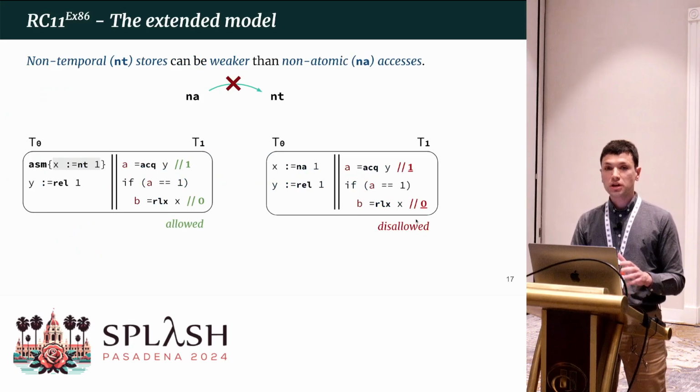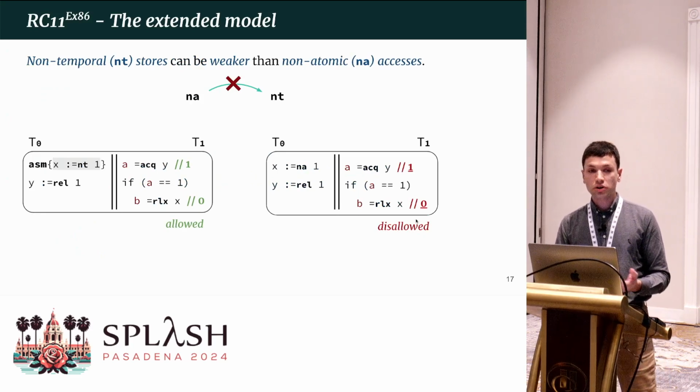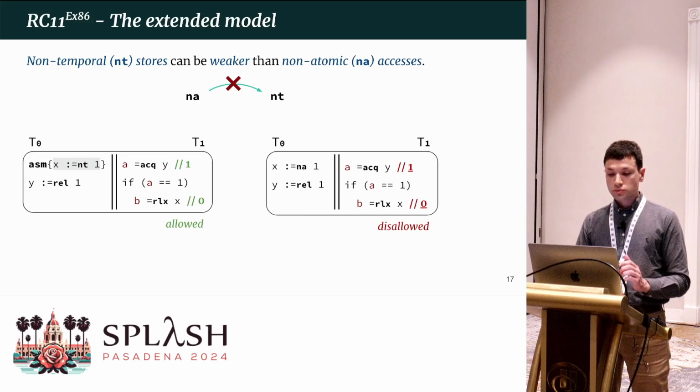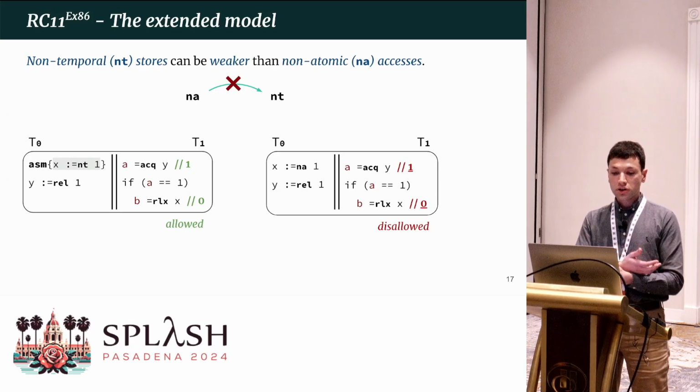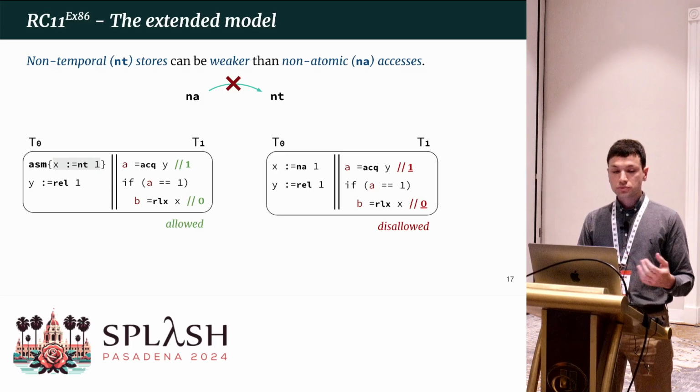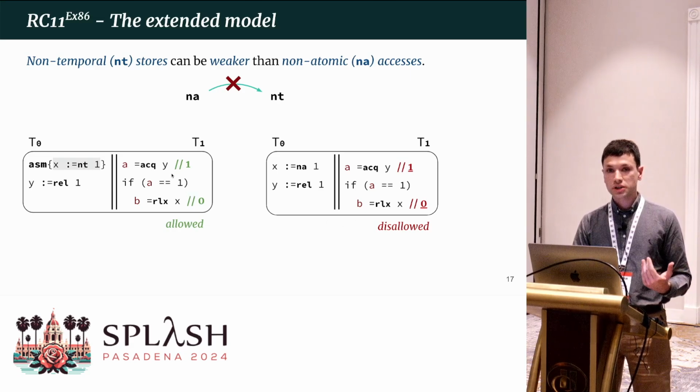To explain why we don't have these orderings, I'm going to show examples where each one of these modes is weaker than the other. Here's an example where non-temporal stores can be weaker than non-atomic access. The example is basically the same as before, because non-temporal stores break the release-acquire synchronization, whereas non-atomic access doesn't.